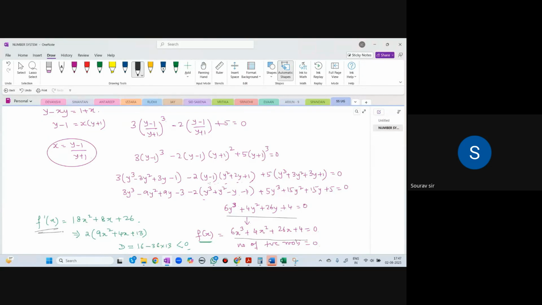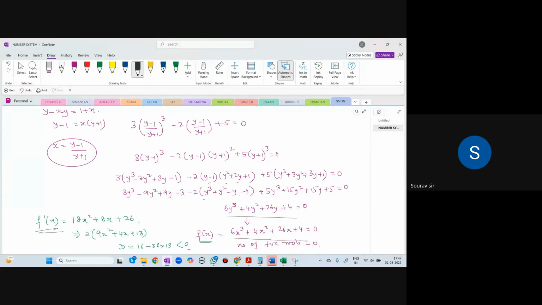Remember, the first derivative of a cubic equation will be a quadratic. And if that quadratic has 2 real roots, that means the original cubic will have 3 roots. It will go up and come down and go up again. But if the first derivative has no roots, like the case here, then the cubic will have 1 root. It will just go up.